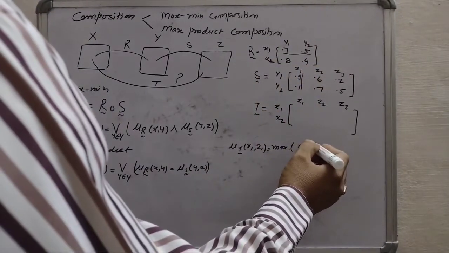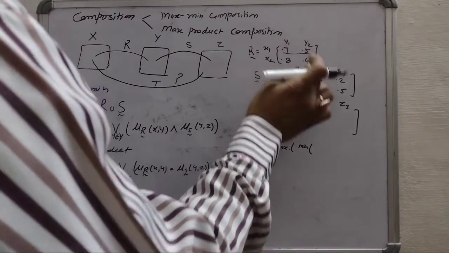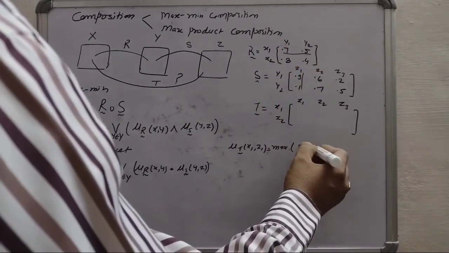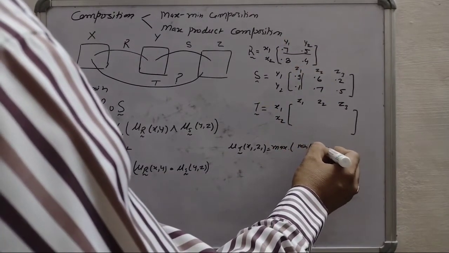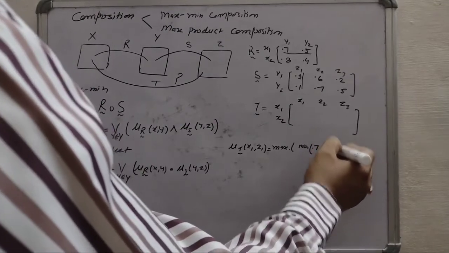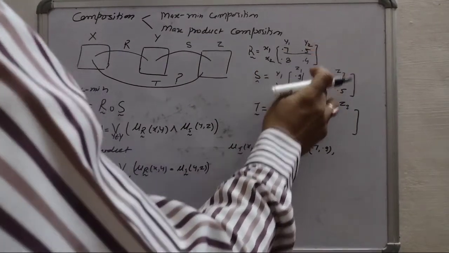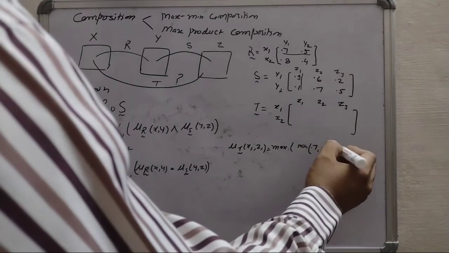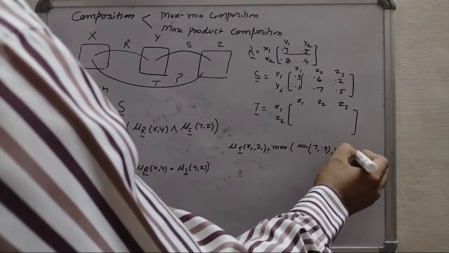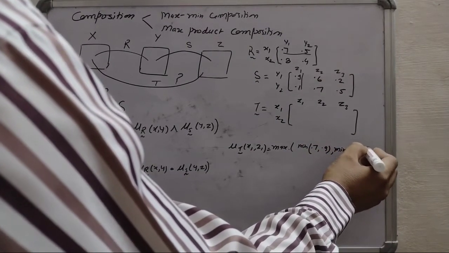So we will make pairing like this: minimum of 0.7, 0.9, then minimum of 0.5, 0.1.